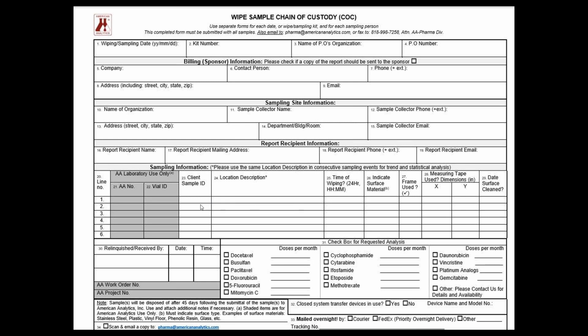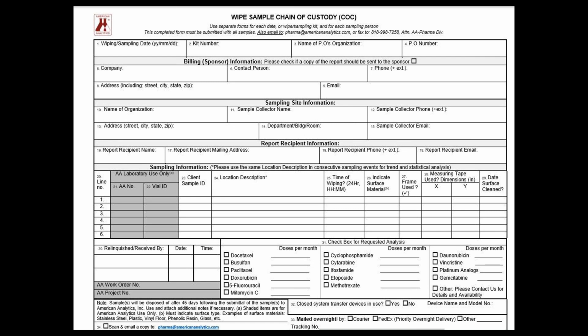And then what's really important is, as you know, USP 800 recommends that you perform this wipe sampling at least every 6 months. So for each one of your sampling events, every 6 months when you sample that hood, or you sample the safety cabinet door handle, or you're sampling the IV cart, you're going to name that sample here in the client sample ID. You're going to give it the same exact name every time you have that sample event.